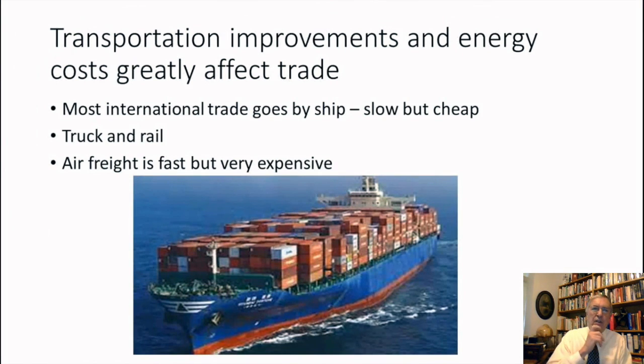Then, of course, we have truck and rail. Rail is much cheaper than truck, but it can't get everywhere. So a lot of times, of course, they take these containers from the container ship you see below, put them on rail first, maybe ship them from Los Angeles to New York, then take them off on a truck and ship them to Harrisburg, Pennsylvania, or wherever it's going.